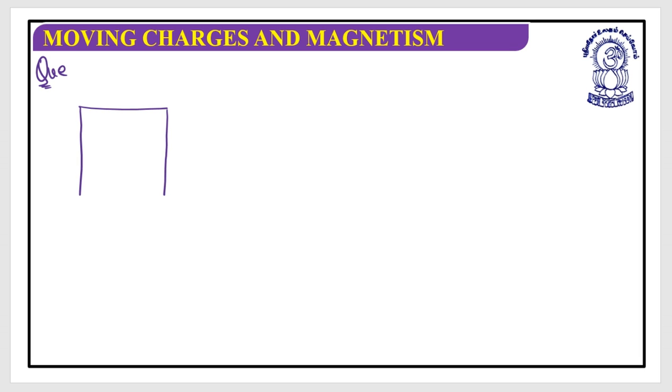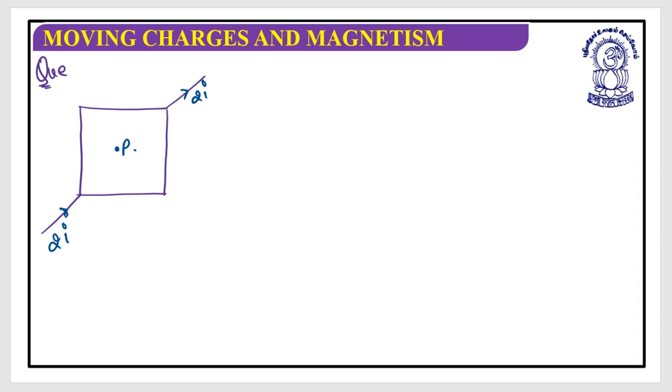The situation is something like this. Let's say 2I current has entered and 2I current has left.